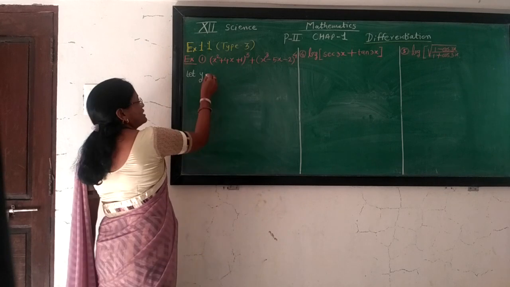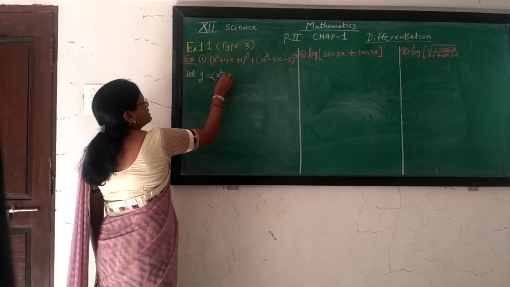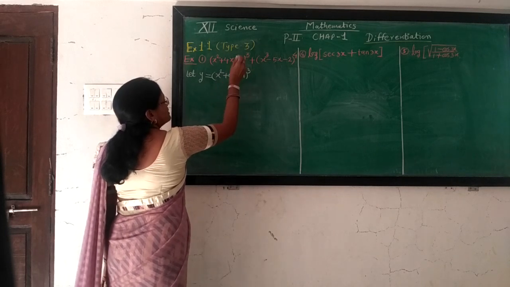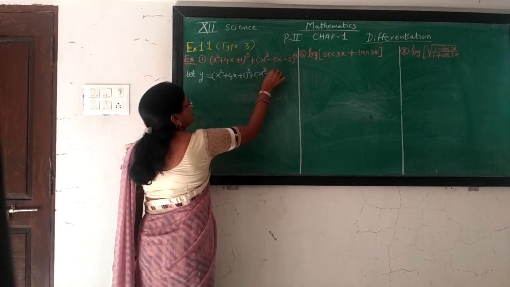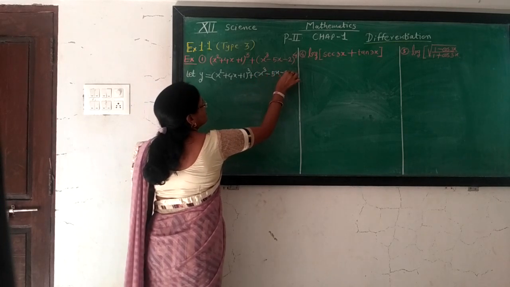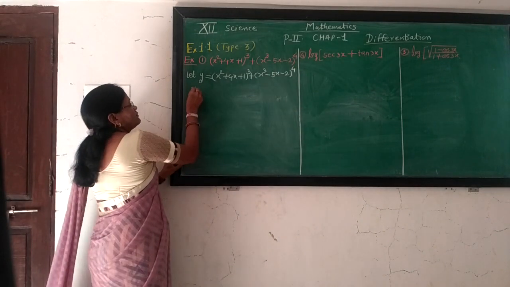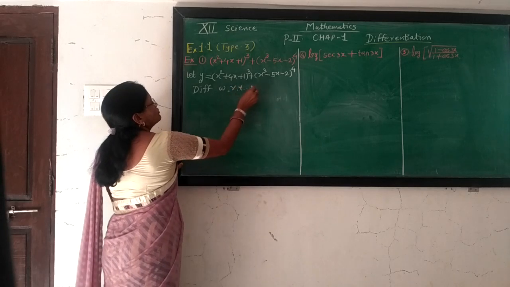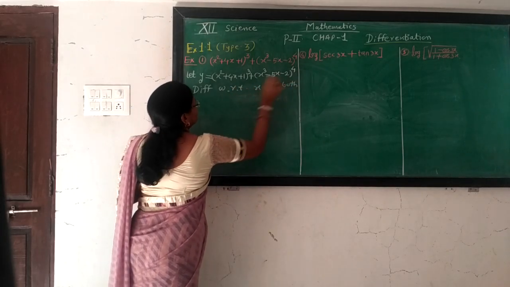So let y be equal to (x square plus 4x plus 1) bracket raised to 3 plus (x cube minus 5x minus 2) bracket raised to 4. Differentiate with respect to x on both sides.